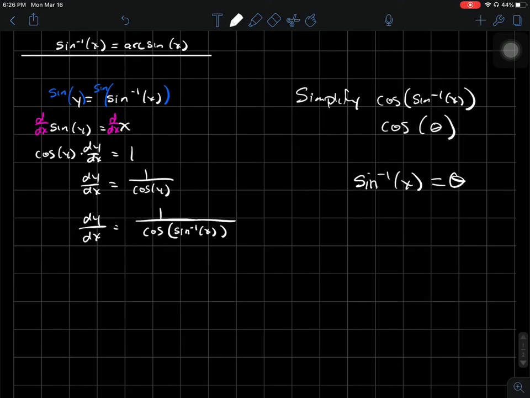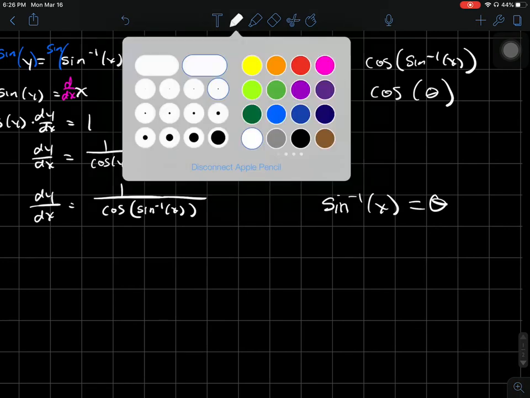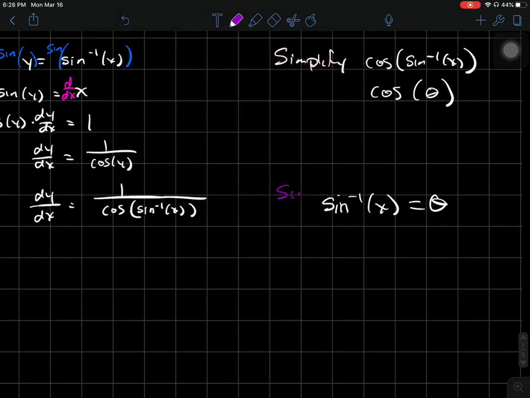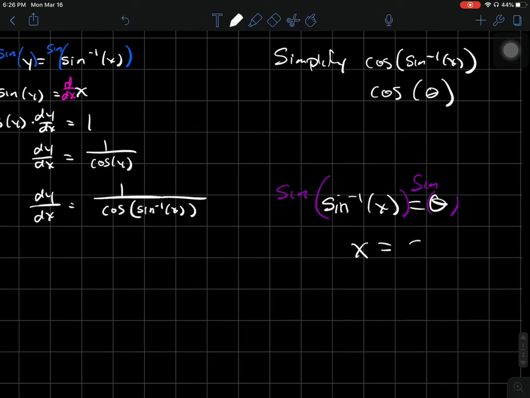If we can figure out what sine inverse of x is as regards to theta, then we can figure out what cosine is. This goes back to pre-calc. If I solve this equation for x, I would apply sine to both sides. On the left, the sine and sine inverse cancel, and we get x. On the right, we get sine of theta.